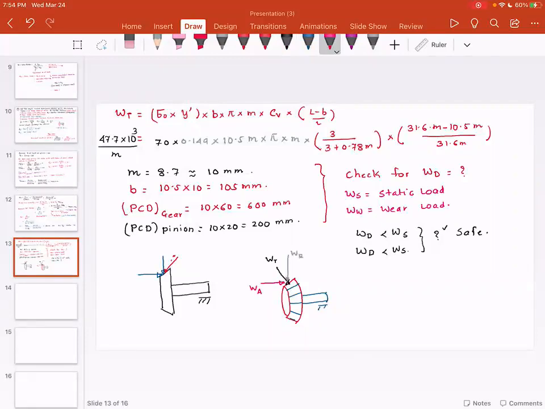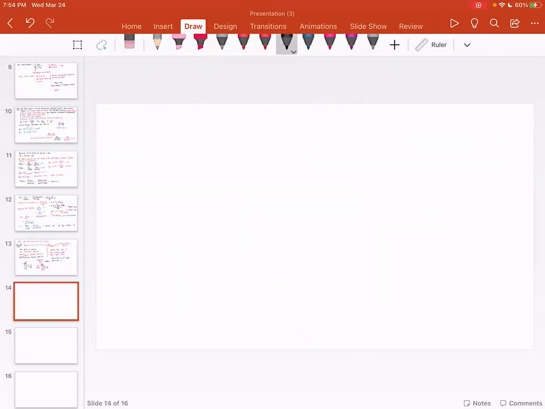So you have the tangential load, radial, and axial. And this three-dimensional loading acts on this bevel gear and gives you different moments. So let's find out the magnitudes of these loads.